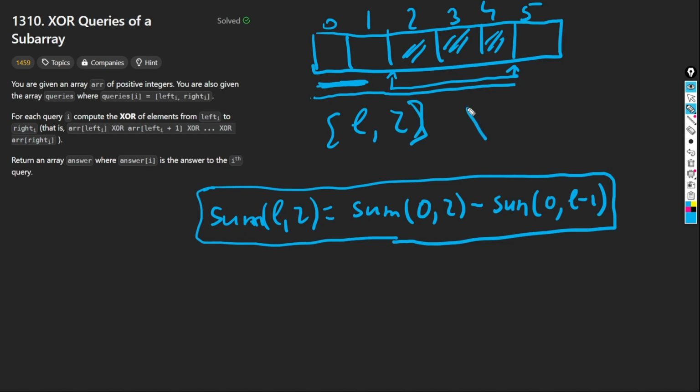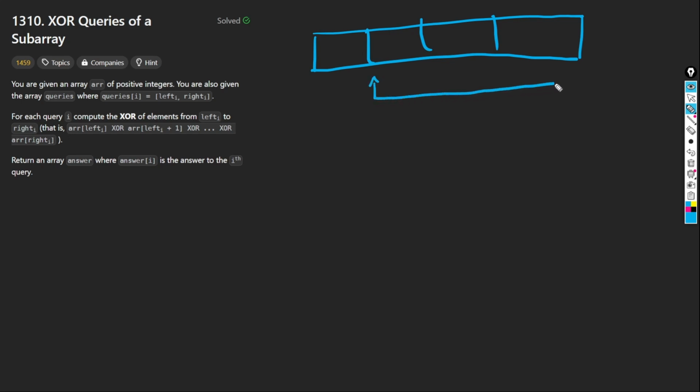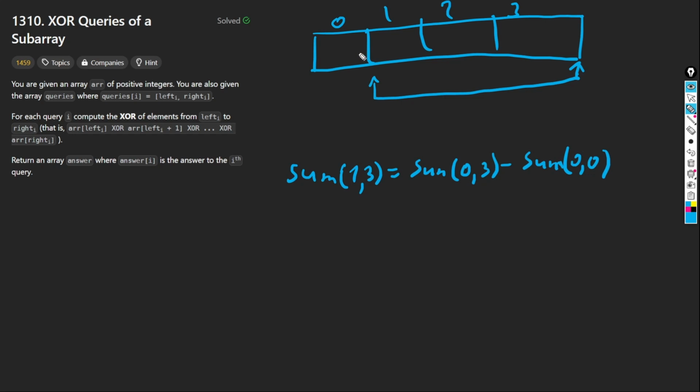So why does this work? Now let me explain it with another example. Now let's say we have 4 elements. If we want to find the sum from index 1 to index 3, according to our formula, it will be the sum from 0 to 3 minus the sum from 0 to 0, which is just a single element here.